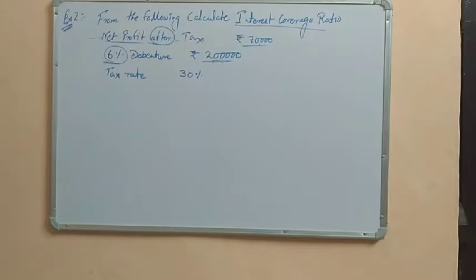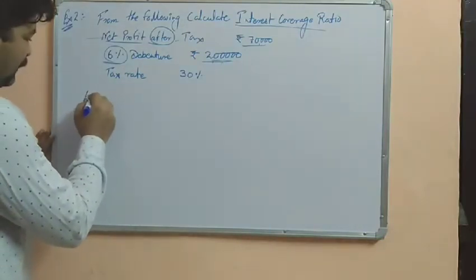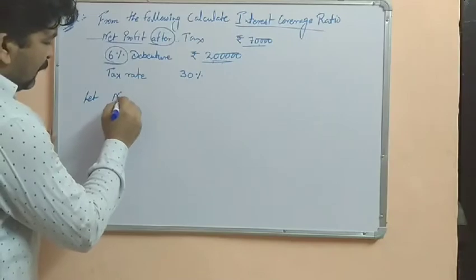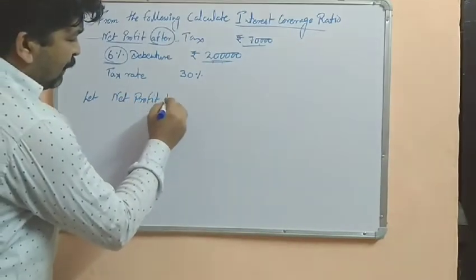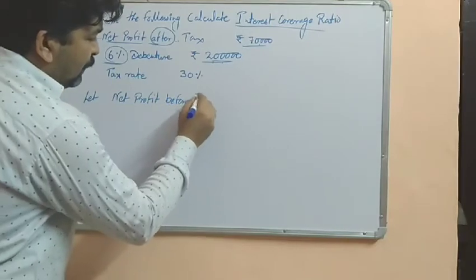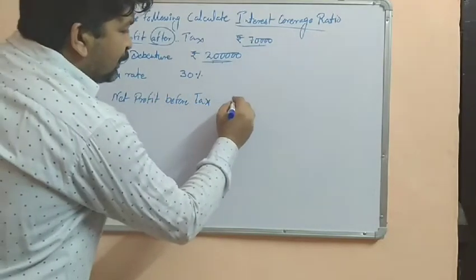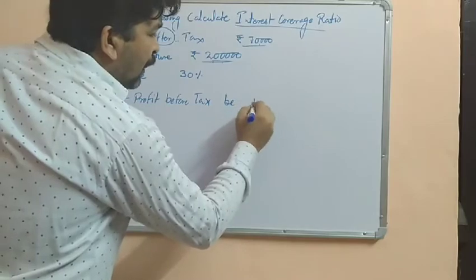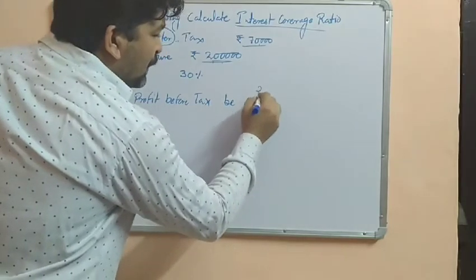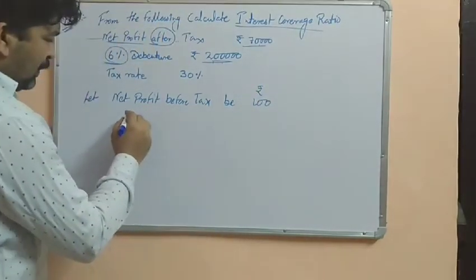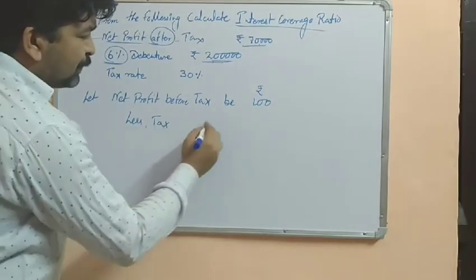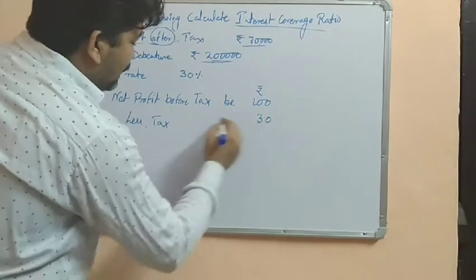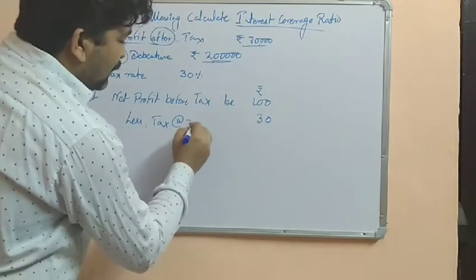Let us take the net profit before tax. Let net profit before tax be 100 rupees. Okay, less tax at the rate of 30%.